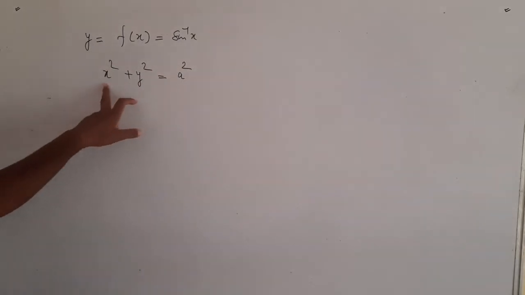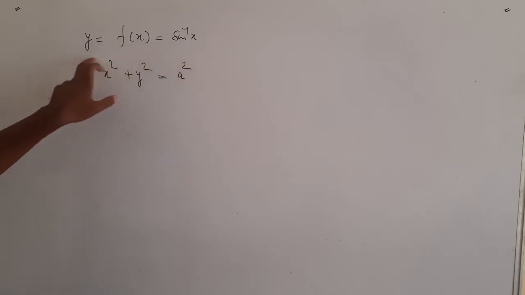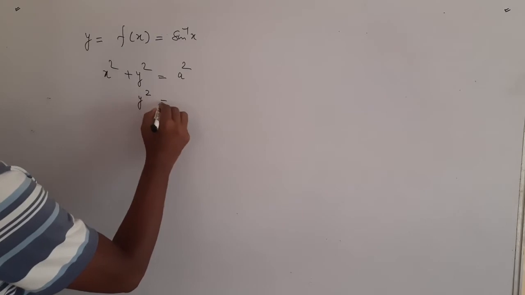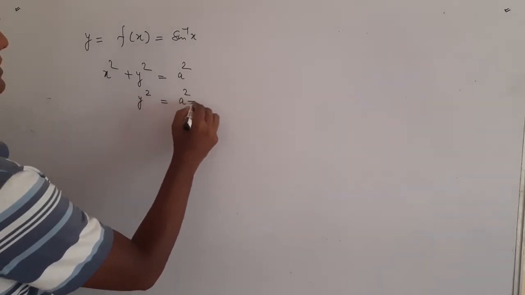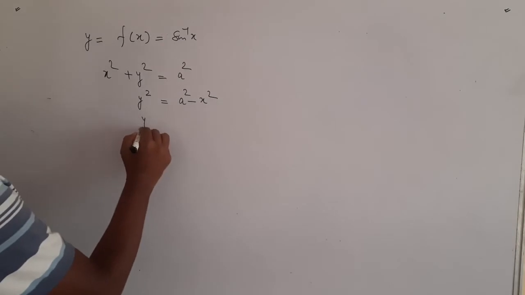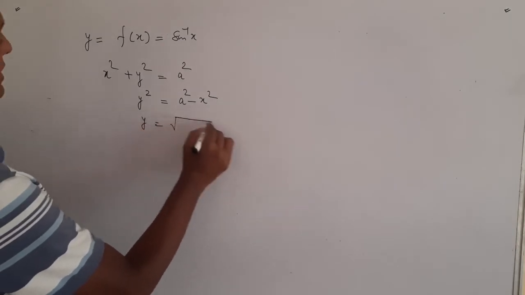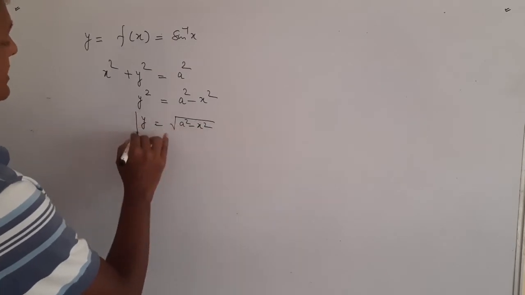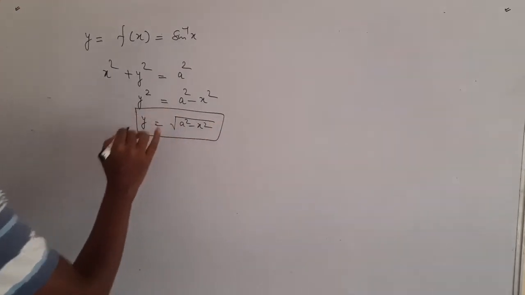This is called an implicit function because y can be expressed as a function of x by proper substitution, and then we can make y the subject. So y becomes under root a square minus x square, which you can differentiate directly.